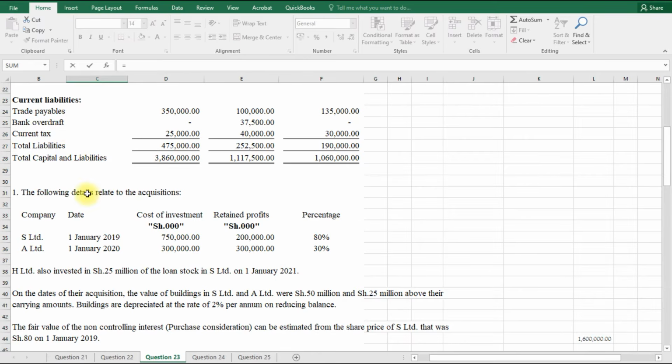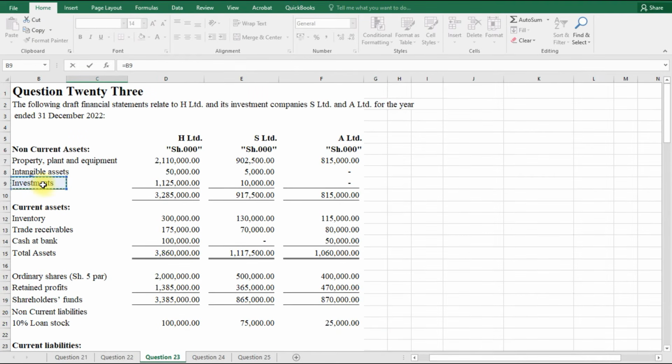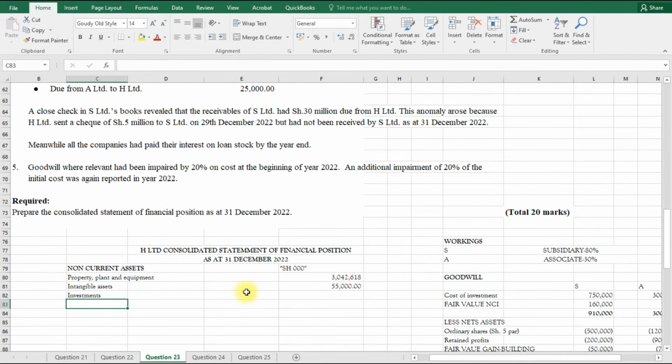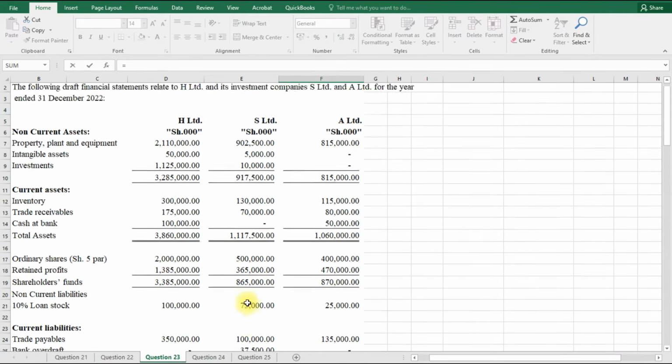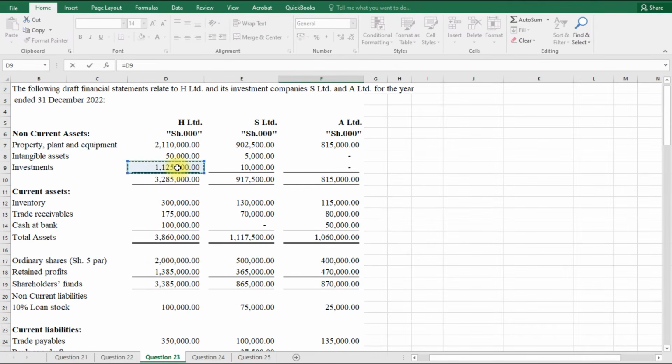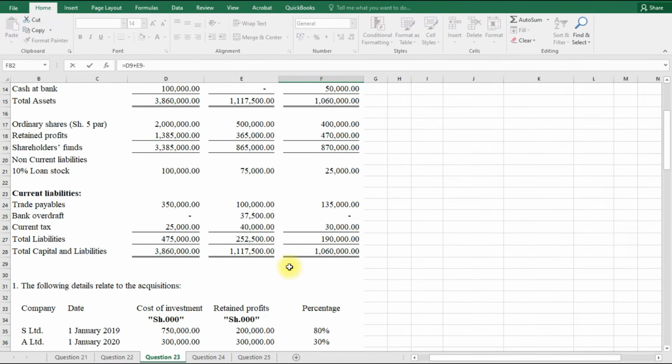Then we come to the investments. So our investments we shall have equal to the investment for H, we add the investment for S, we minus what we had invested internally.